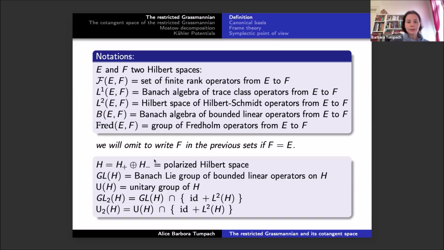We will also use Banach Lie groups of bounded linear operators. GL(H) will be the notation, U(H) for the unitary group. And we will also be interested in a smaller group, GL2, of invertible bounded operators which differ from the identity by a Hilbert-Schmidt operator. And similarly, U2, the unitary operators which differ from the identity by a Hilbert-Schmidt operator. So these are the notations through the talk.